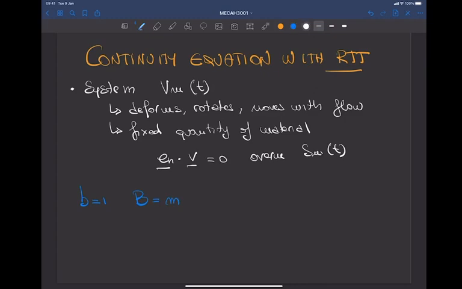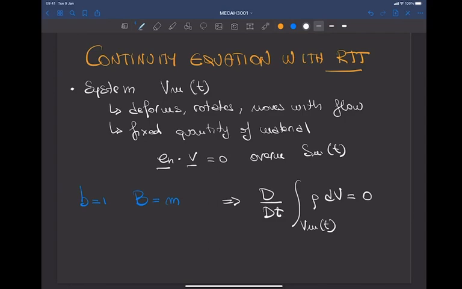Okay, so we write our conservation of mass for the system, and this is simply d over dt, again material derivative because we have a moving element, of the integral over Vm of t of rho dV, and this is simply equal to 0. It's equal to 0 because by definition this volume element will not accumulate or lose mass.